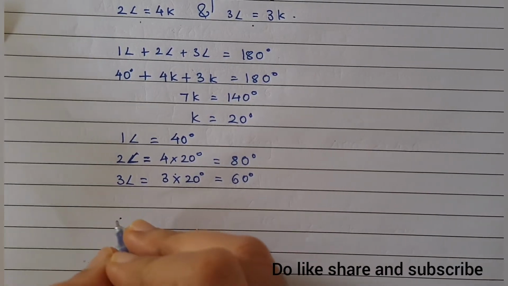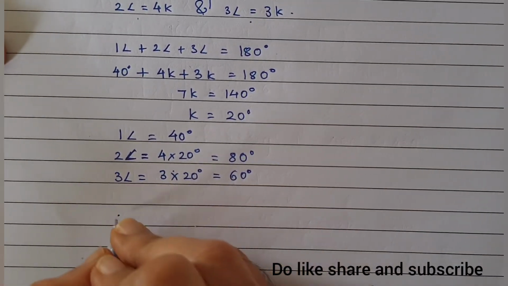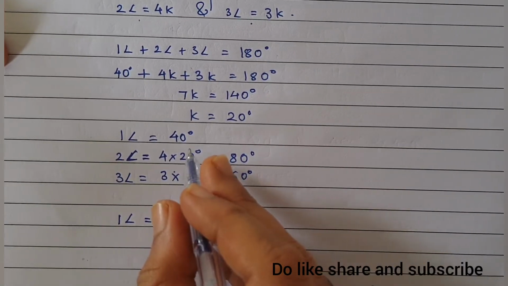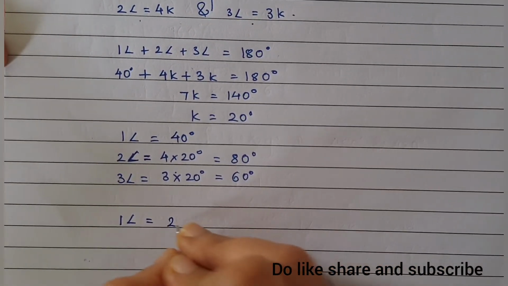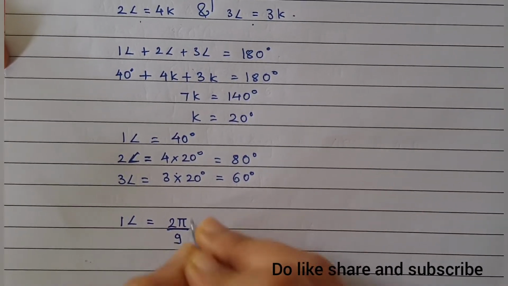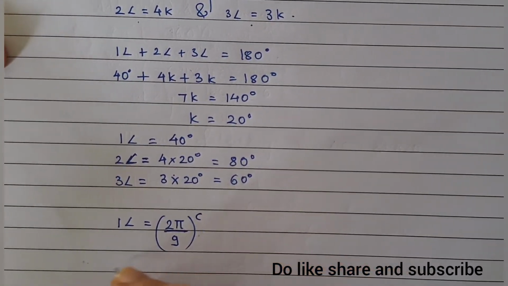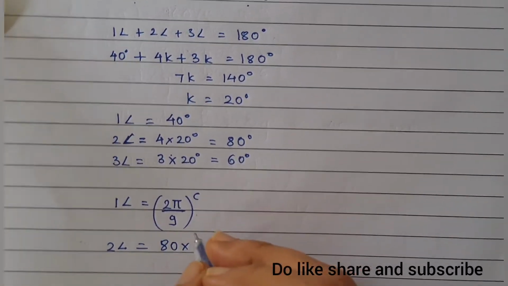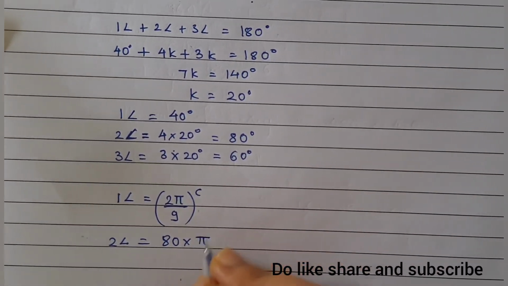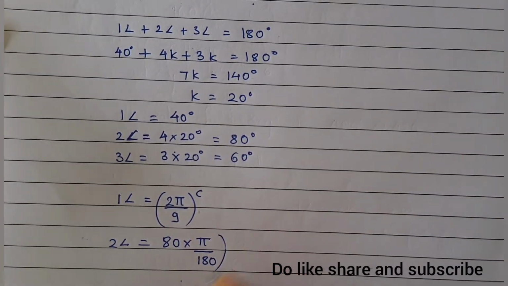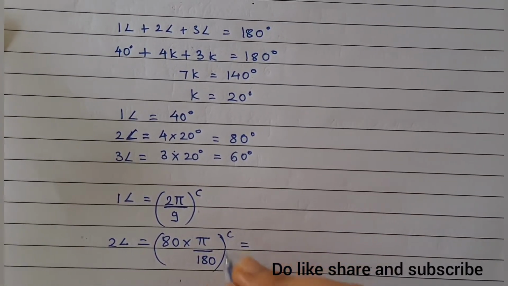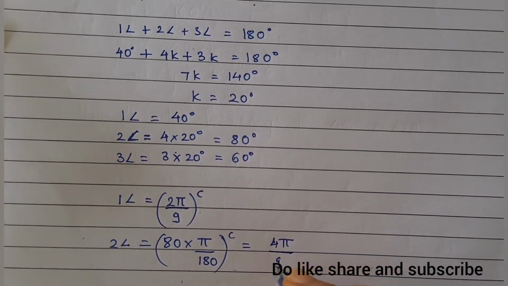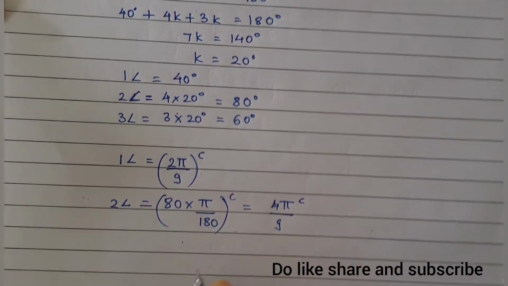Now respectively the angles in radian will be: first angle in radian, which is given already, is 2 pi by 9 radian. Second angle is equal to 80 into pi by 180 radian, that is equal to 4 pi by 9 radian.